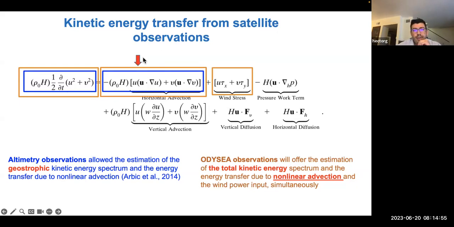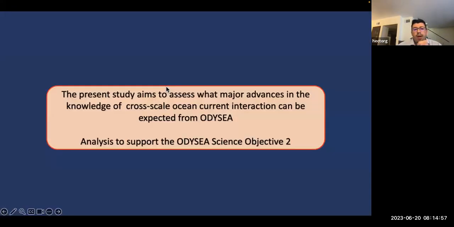I'm going to focus on this term here, and the next results are meant to support the ODYSEA science objective number 2, which is a focus on the ocean scale interactions.